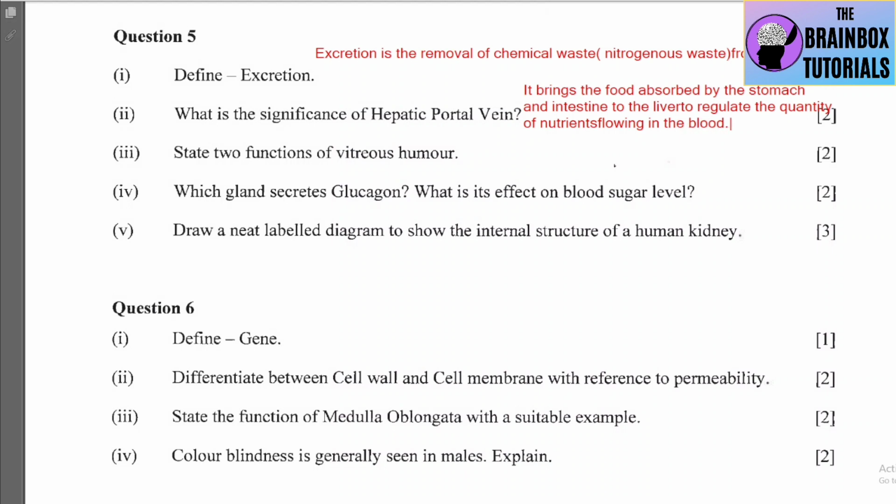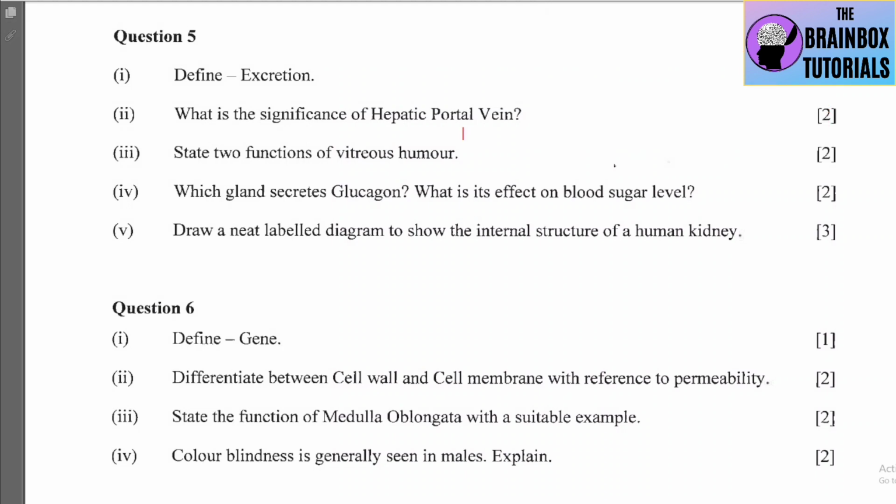This is about nutrients, and it also absorbs the poisons through the blood. So that also you are going to write that it also absorbs certain poisons. So these will be the main significance of hepatic portal vein.